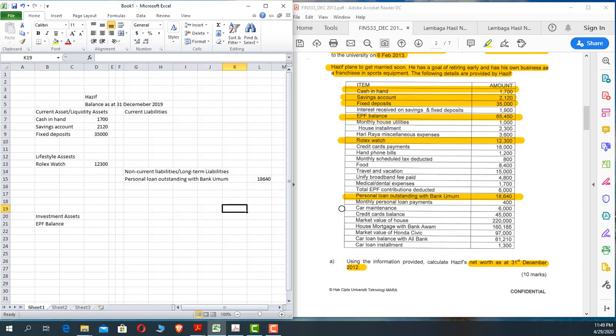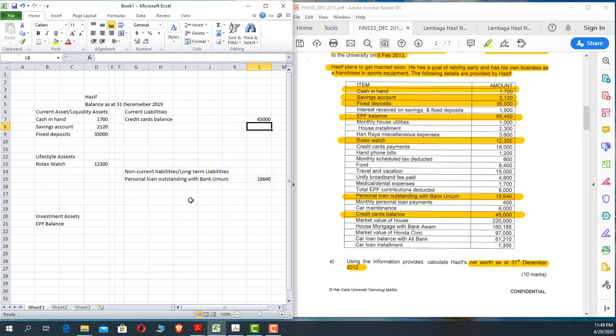Okay, so the next car maintenance, this is also the expenses. And credit card balance, this is your hutang dalam credit card. So credit card ialah current liabilities. So this is your credit card.